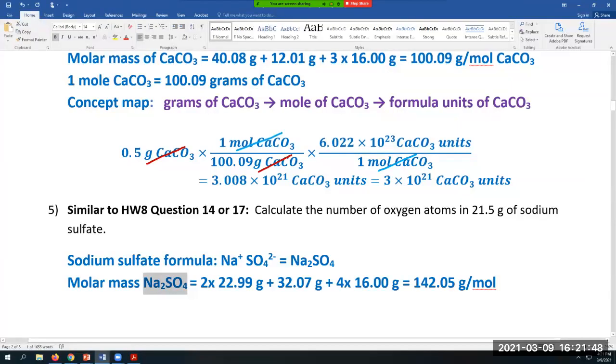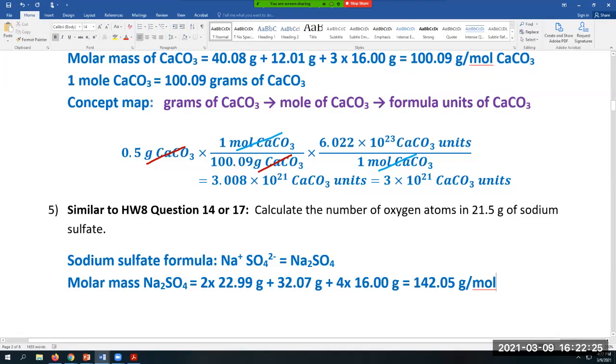So you take 2 times the molar mass of sodium because you have 2 sodiums per formula. Then 1 times the molar mass of sulfur, 32.07 grams. And then 4 times the molar mass of oxygen because you have 4 oxygens in that formula. Add all of this together. Notice how they each have 2 decimals, so you need to keep 2 decimals in the end. And so it's 142.05 grams per mole of Na2SO4.